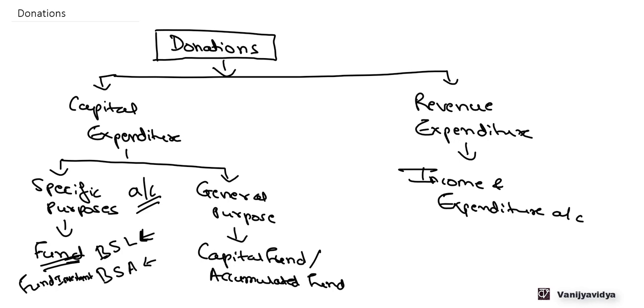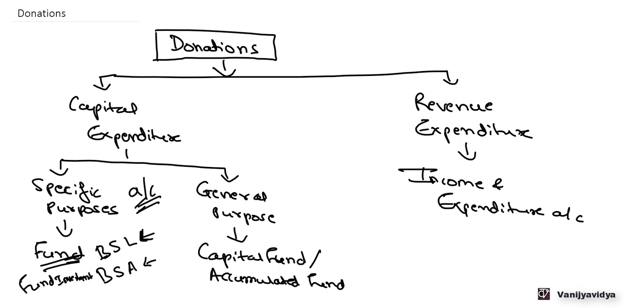And if we are investing it, then we will say scholarship fund, and then the same will be invested, so we will say scholarship fund investment in the balance sheet asset side. If it is not invested, then we use the term account.